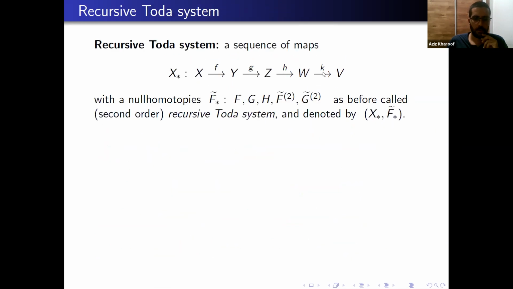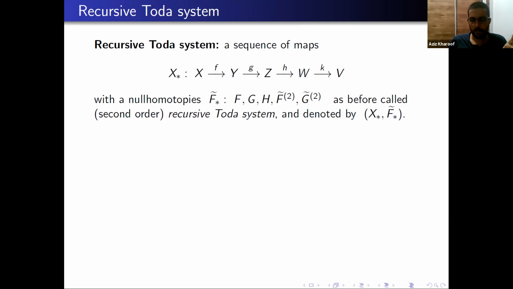Okay, let's continue. So there is a question or something. Ah, thanks. Okay. So also we have here a recursive Toda system. As we see, we need 3 maps. The first order null homotopy is the same, but the second order is not the same. We see a cubical.